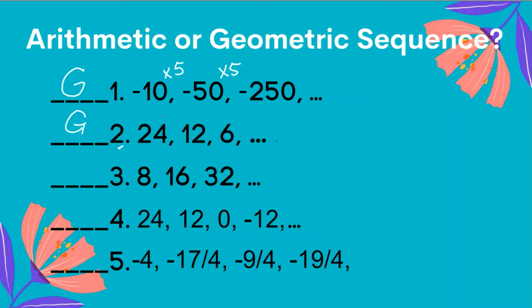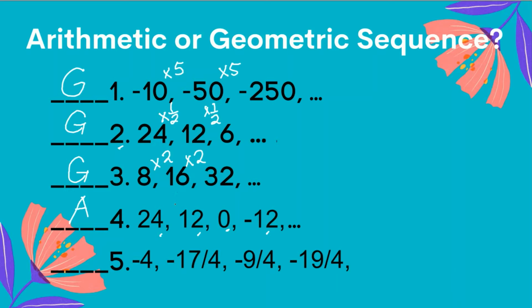And then number 3, 8, 16, and 32. So that's easy. This is geometric sequence. So we are multiplying by 2. So 8 times 2 is 16, times 2 is 32. Number 4, 24, 12, 0, and negative 12. Okay, so this is arithmetic sequence.